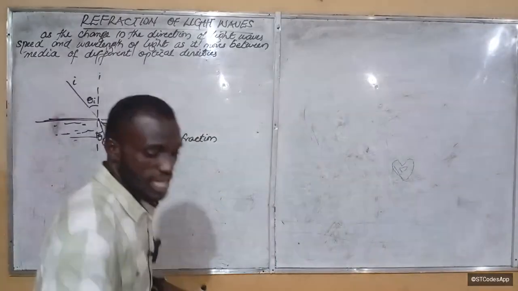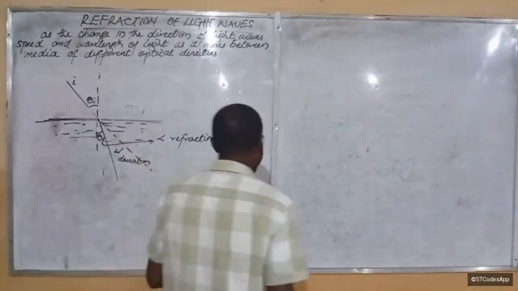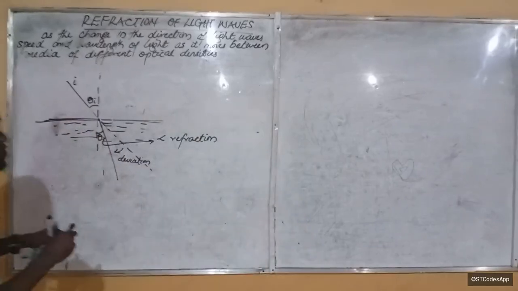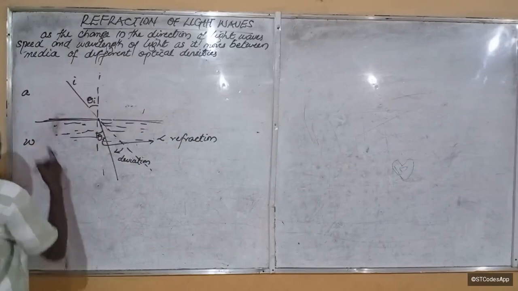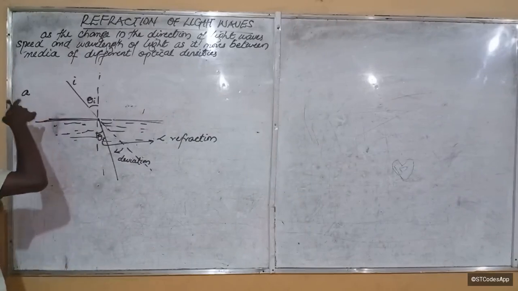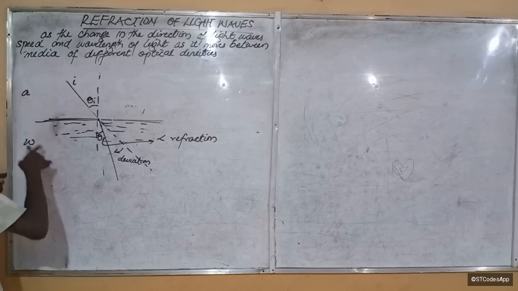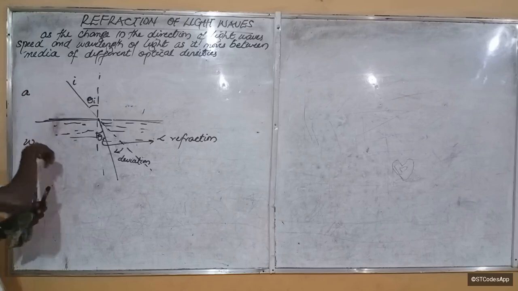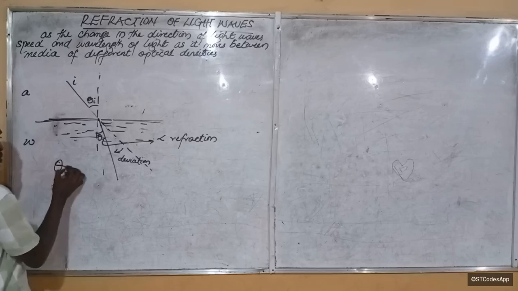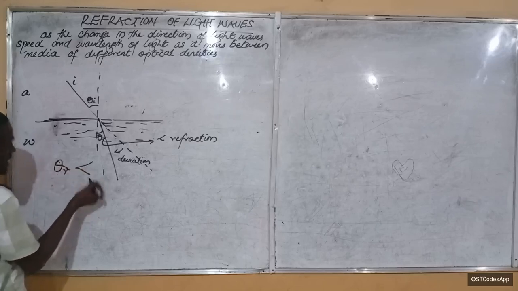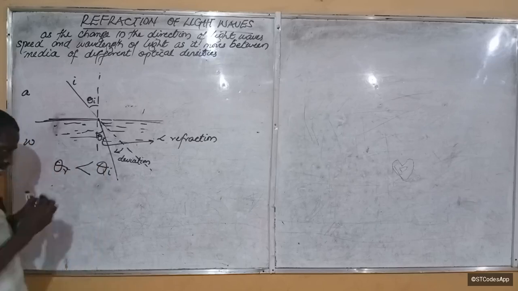In the case where light is traveling from air to water, air is optically less dense than water, meaning that water is more optically dense than air. What will happen is that the angle of refraction will be less than the angle of incidence.